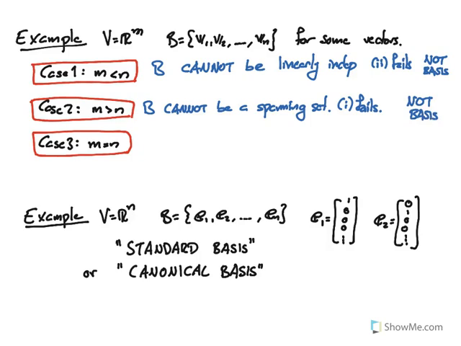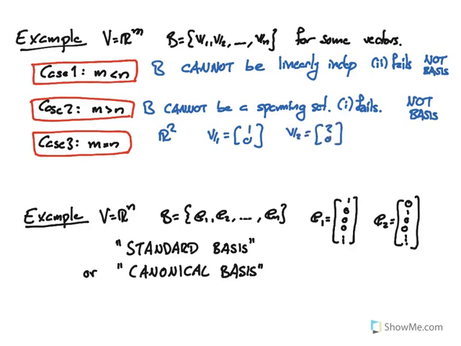Now, if I have equally many, if the m and n line up, then I have a fighting chance, because now my coefficient matrix is square. But notice that square is not enough. I need that square matrix to be invertible for this to work out. So for instance, let's do a quick example. I'm going to delete this in a second. Say you're in R2 and you have the vectors V1 is, say, that, and V2 is this.